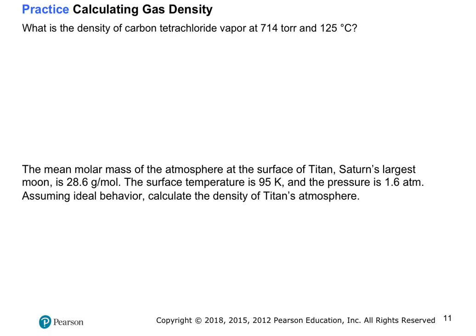So let's practice. I want to find the density of carbon tetrachloride, which is CCl4, when it's in the vapor phase, at a pressure of 714 torr and a temperature of 125 degrees Celsius. So let's use the density equation. Density equals molar mass times pressure over RT.